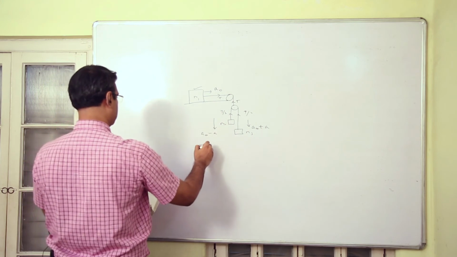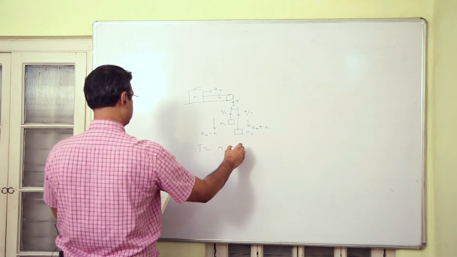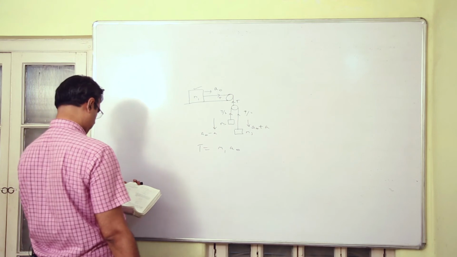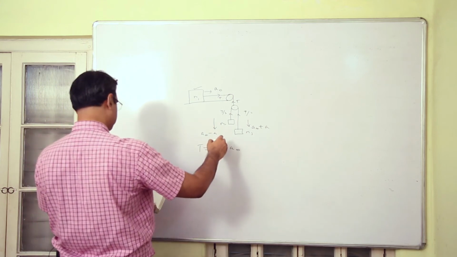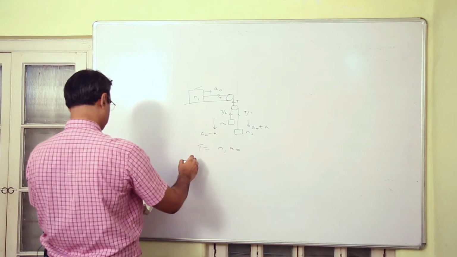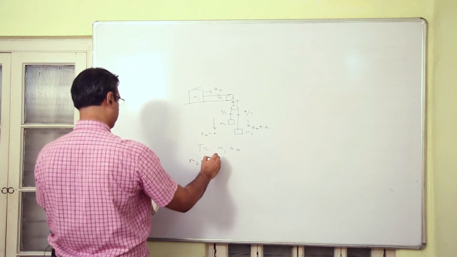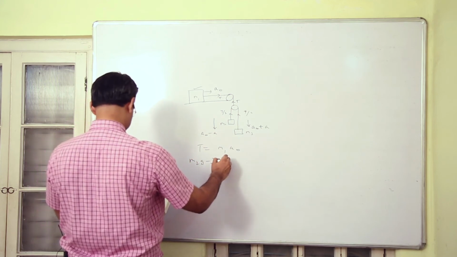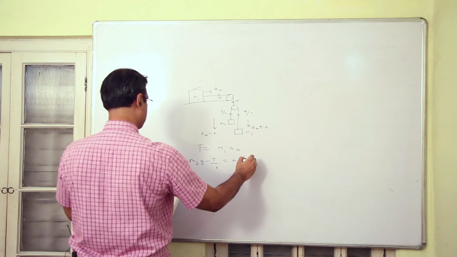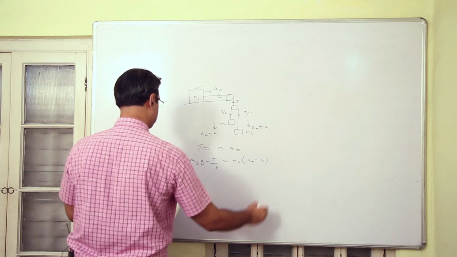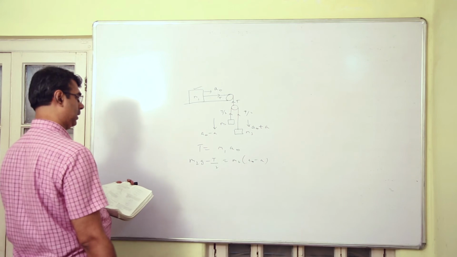First for this block, the tension is m1 into a0. Next, the equation of motion for this block will be m2g minus T by 2 is equal to m2 into (a0 minus a).